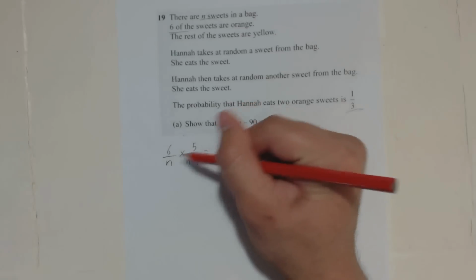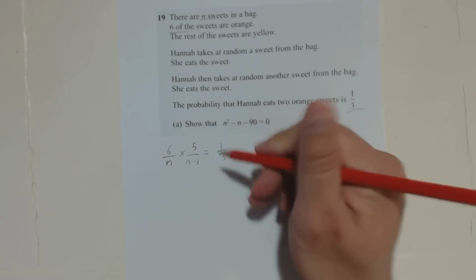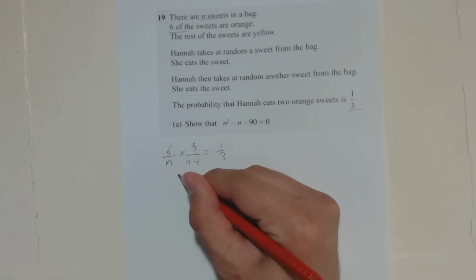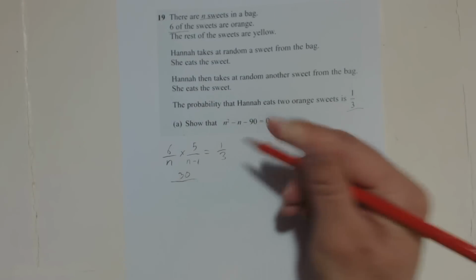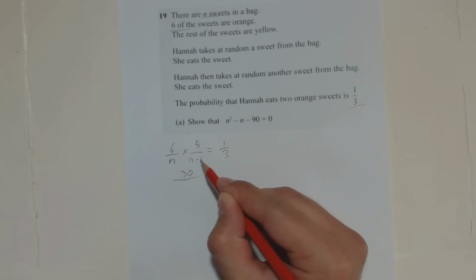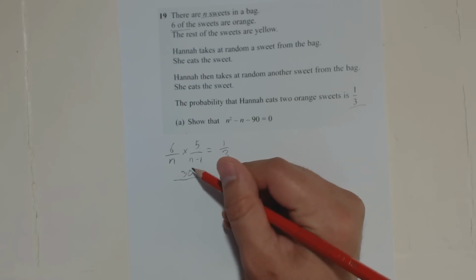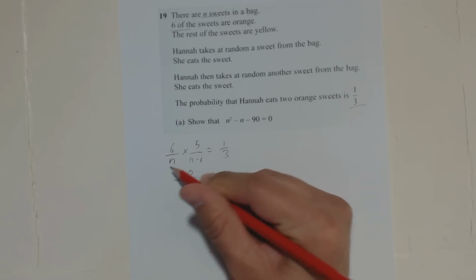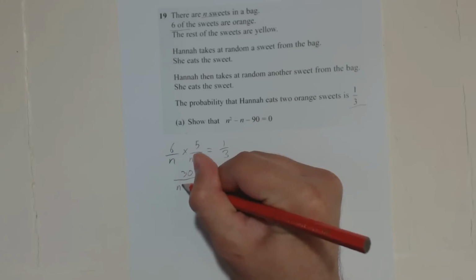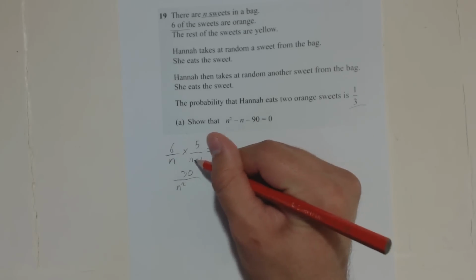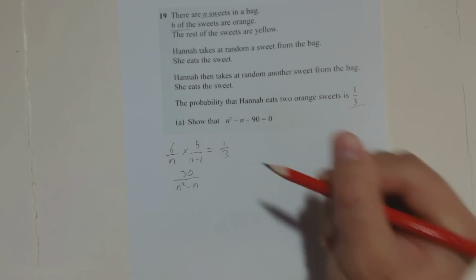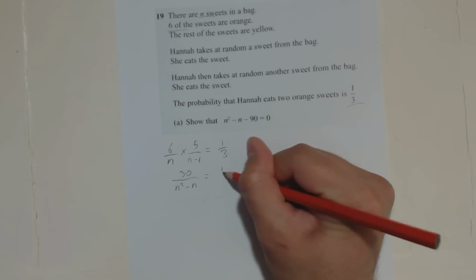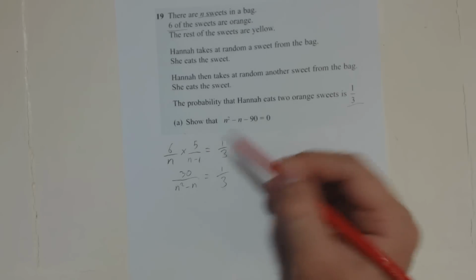You multiply the top, you multiply the bottom. So 6 times 5 is 30 over n times n minus 1, which I could write as n brackets n minus 1, but that would multiply out to give n times n, which is n squared, and then n times minus 1, which is minus n. And that still equals a third. All I've done is simplify that.